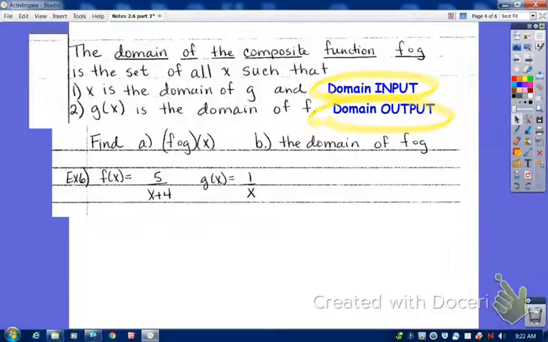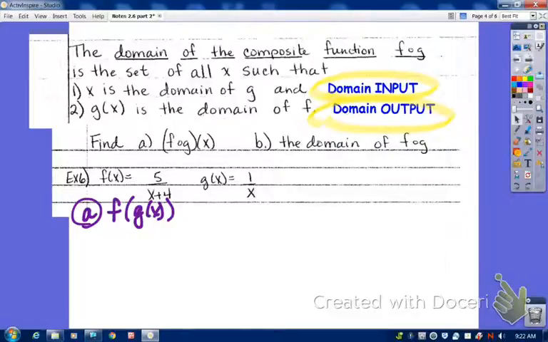Alright, so example 6 says all you have to do is f composite g, and then the B part says find the domain of f composite g. So the good part is I don't have 3 problems to do. So I'm doing f composite g, so that's really f parentheses g of x. So that means I'm putting what into what? I'm putting g into f.